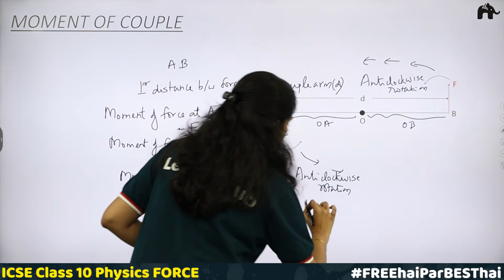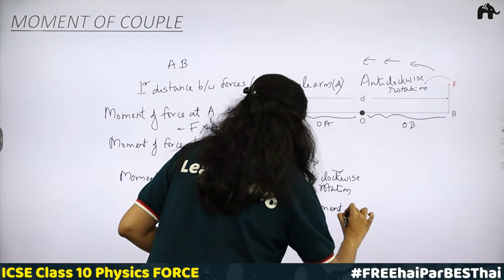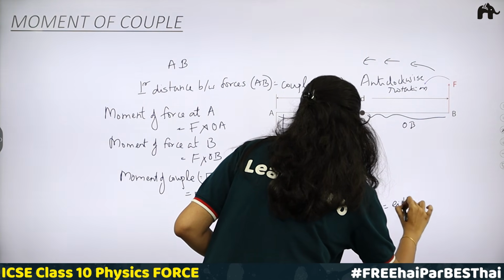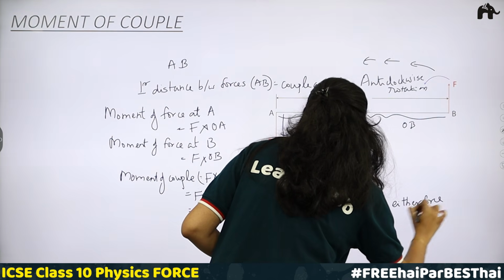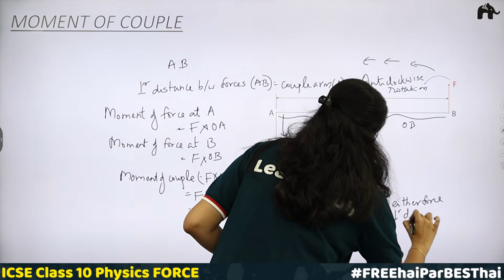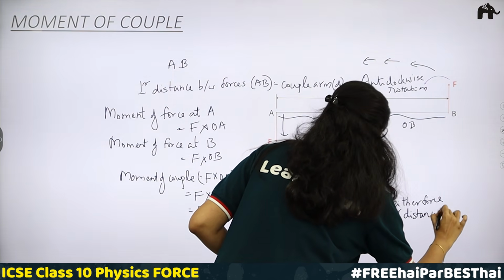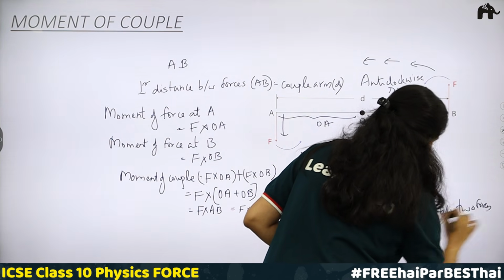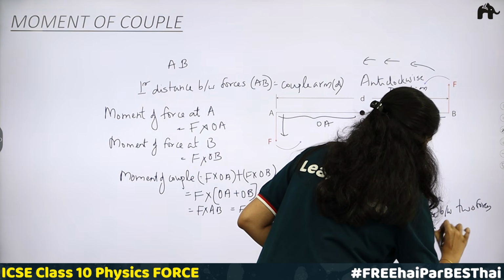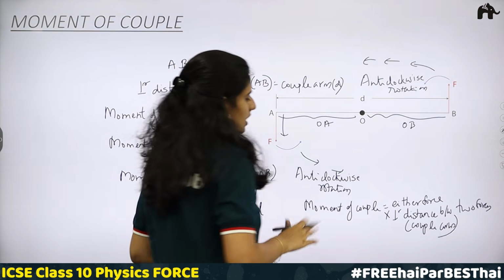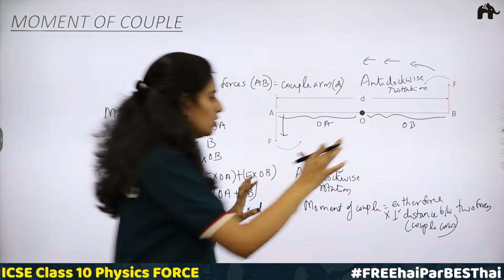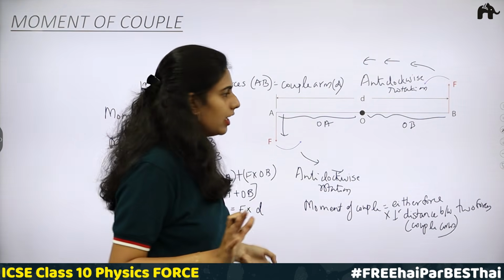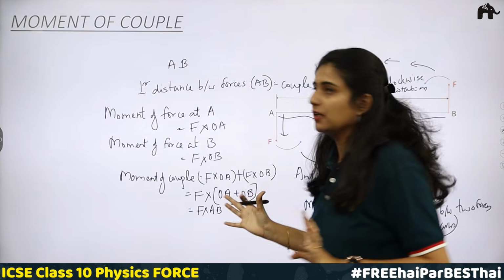Moment of couple is equal to either force, any of the forces, into the perpendicular distance between the two forces, which is otherwise known as the couple arm. Understood how to find the moment of couple?